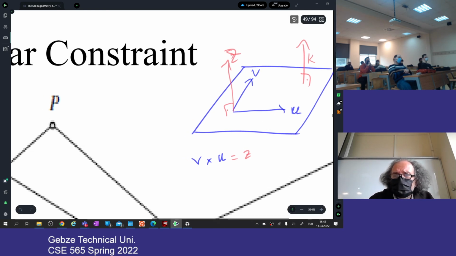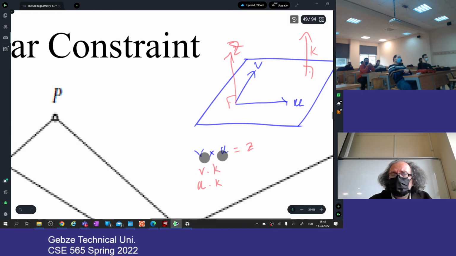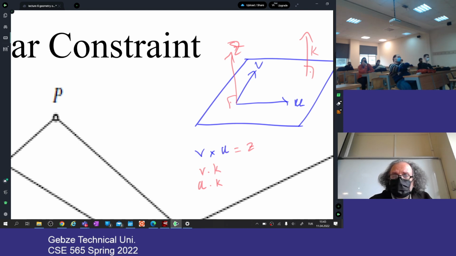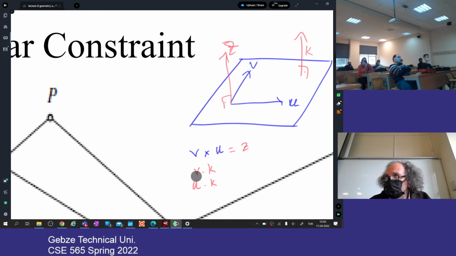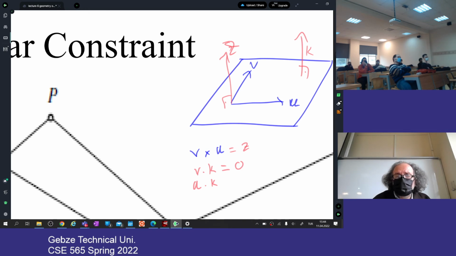Then v dot k, an inner product, and u dot k would be what? u cross v is a vector, v cross u is a vector, but v dot k is not a vector. It's just a scalar. What kind of scalar is this? It is zero. If two vectors are perpendicular to each other, their dot product will be zero.